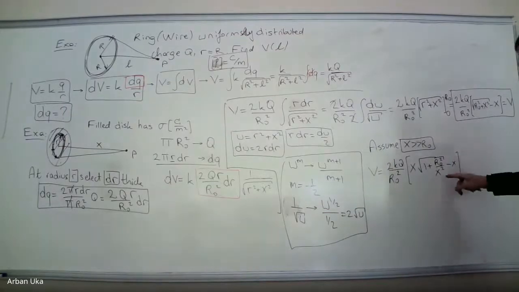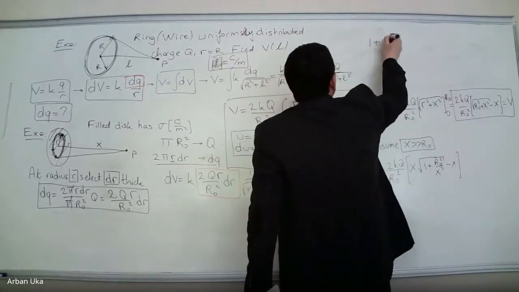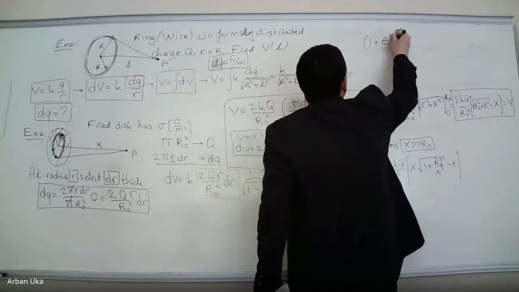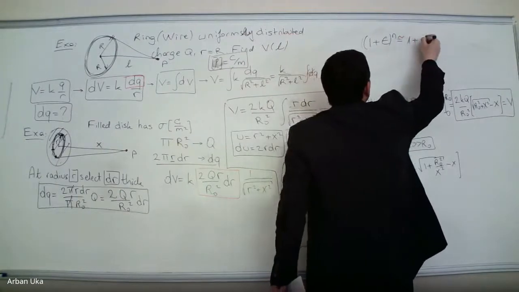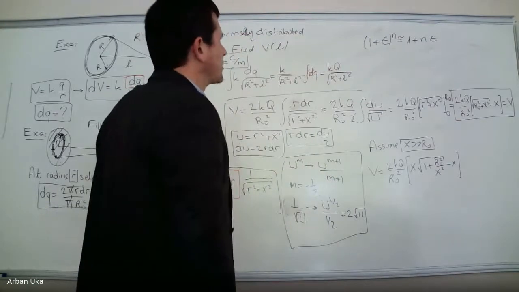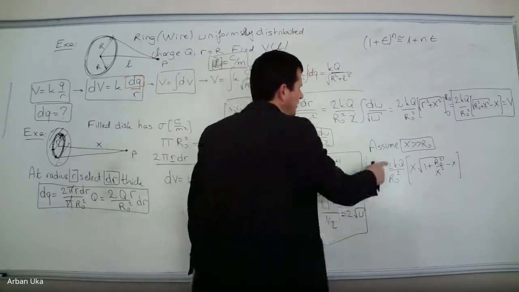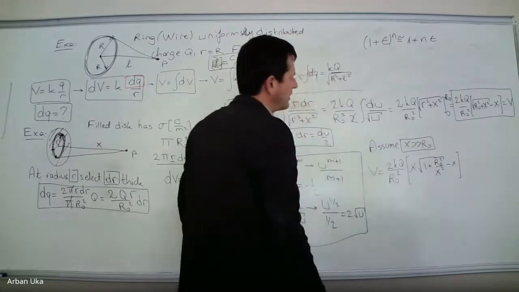So in here we can use a relationship that 1 plus epsilon to the power n is approximately 1 plus n epsilon. Okay, so that's an approximation. In this case, if x is much larger than r0, then epsilon is r0 squared divided by x squared.